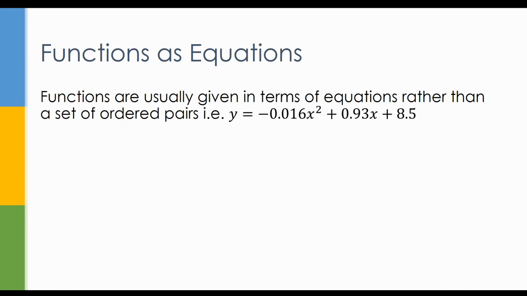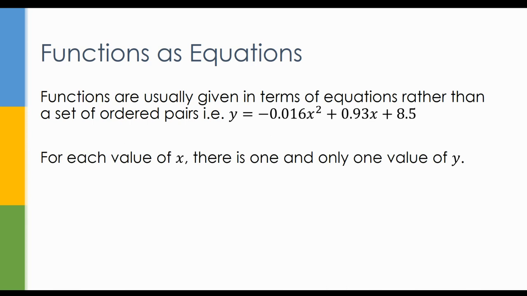So now let's talk about functions as equations. Functions are usually given in terms of equations rather than a set of ordered pairs. So here's an example of an equation. y equals negative 0.016x squared plus 0.93x plus 8.5. With some kind of equation, we can determine whether or not we have a function.